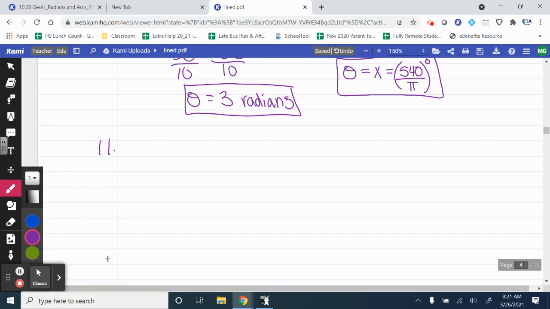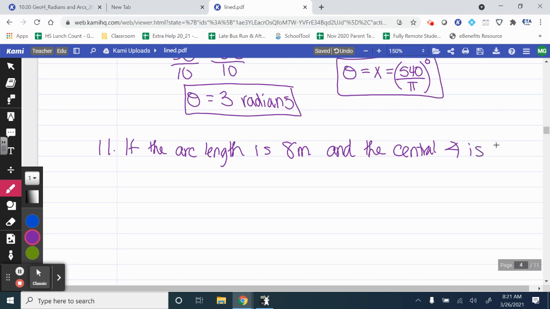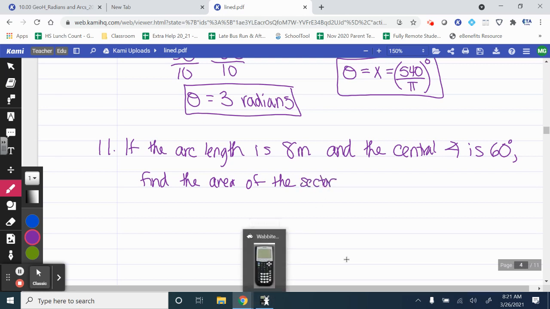All right, and the last one here: if the arc length is 8 meters and the central angle is 60 degrees, find the area of the sector, and let's leave our answer in terms of pi.